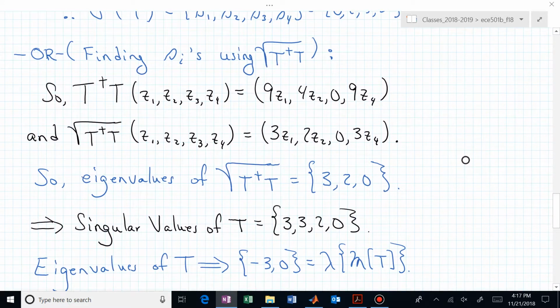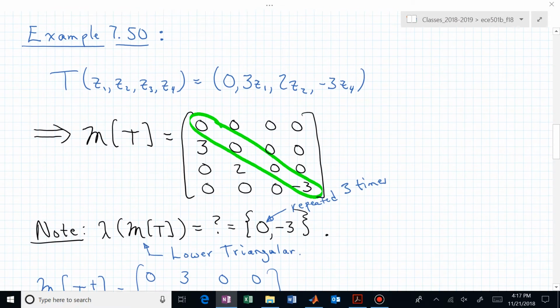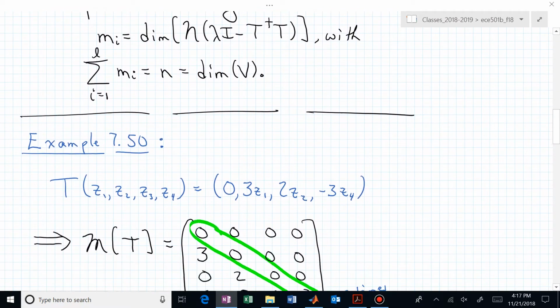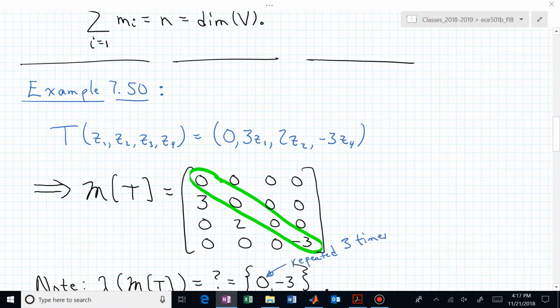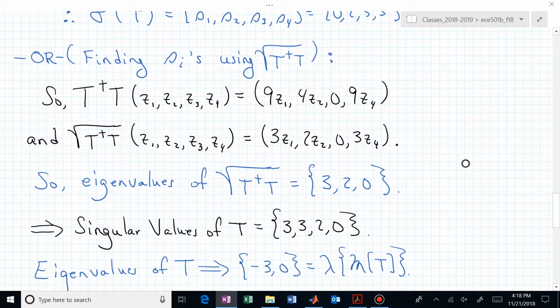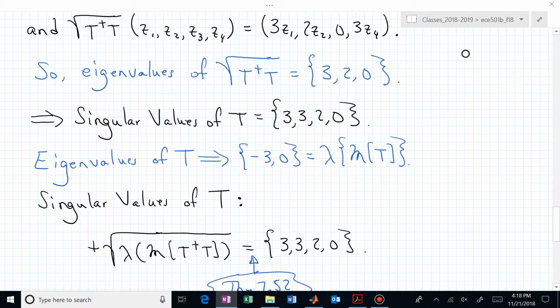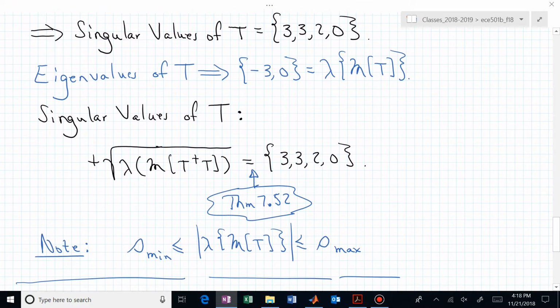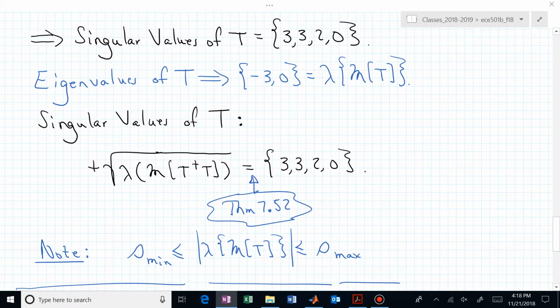If we compare that now with the eigenvalues of t, we found those rather quickly because it was a lower triangular matrix, and we found the eigenvalues of our operator t were 0, 0, 0, minus 3. The absolute values of these eigenvalues of t are actually bounded within the minimum singular value and the maximum singular value.